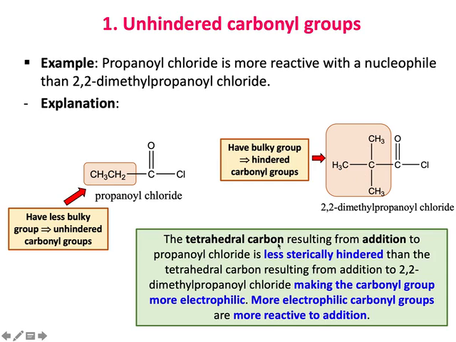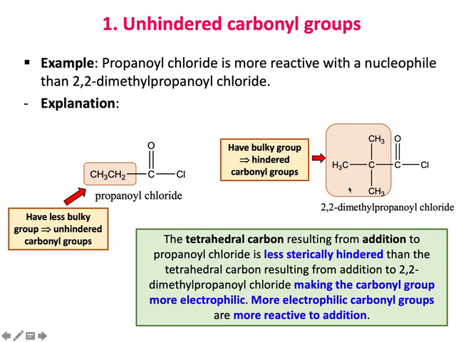The tetrahedral carbon resulting from addition to propanoyl chloride is less sterically hindered compared to this one, which is more bulky because of the tetrahedral shape of the carbon. If the tetrahedral carbon is less bulky, this one is bulky.